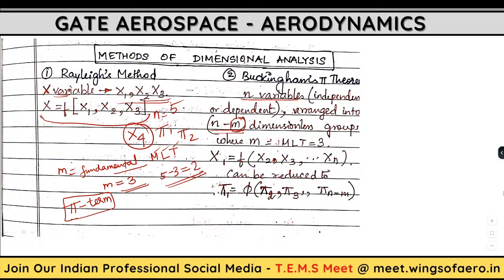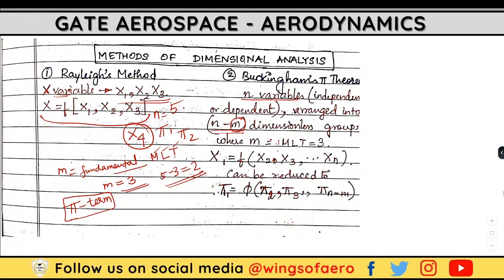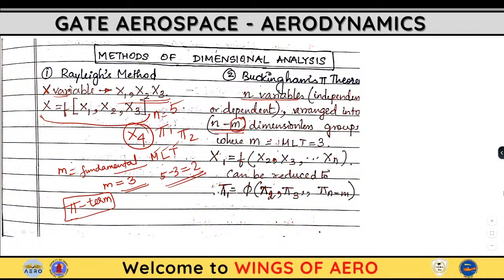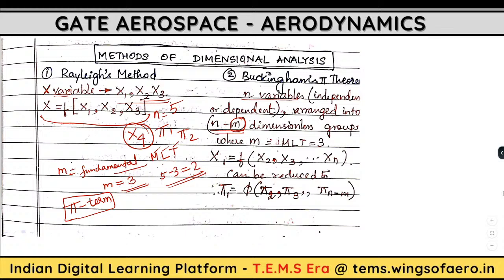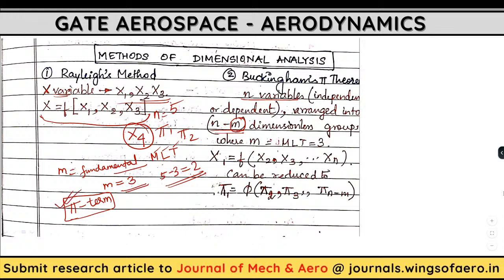Like Rayleigh's method had some constraint, but in the Buckingham Pi theorem, it is irrespective of any kind of variables. It can go to any extent. Now, how to make this arrangement? It can make the arrangement based on n minus m, which is a dimensionless group, defined as a pi term.